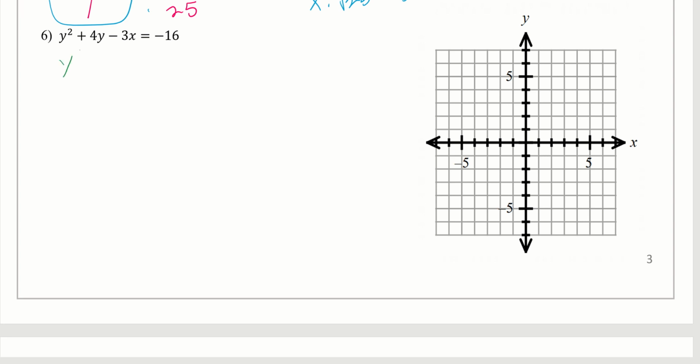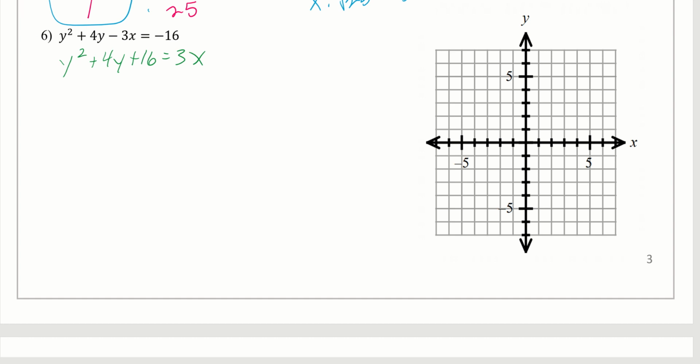So what I'll do is I'll bring this y squared plus 4y plus 16 is equal to 3x. So I kind of switch spots with the 16 and the 3x. Okay? And so as I go through and solve this, I'm going to complete the square.